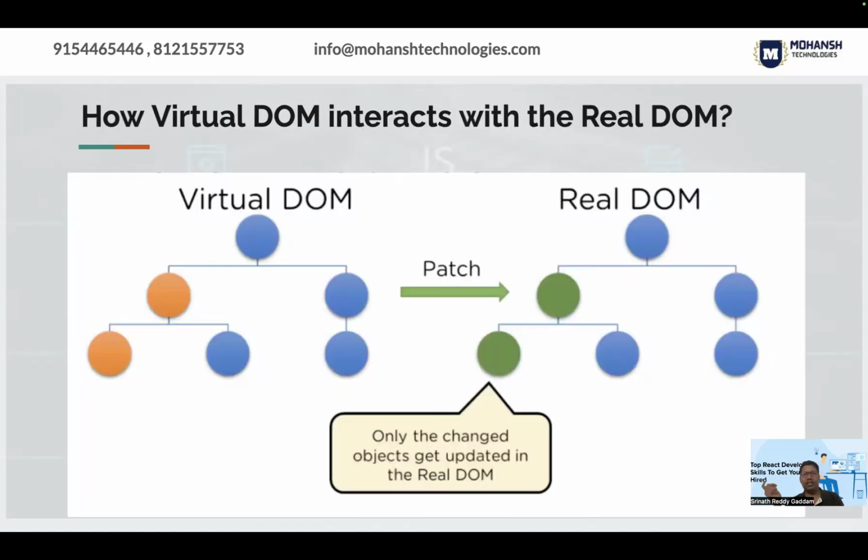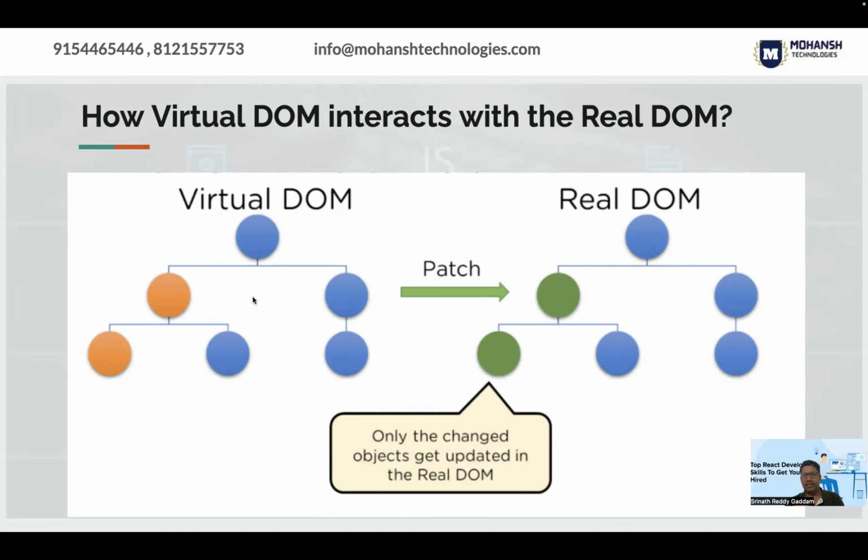How virtual DOM interacts with the real DOM. If you see, in the left, you have this virtual DOM, okay? And these orange nodes are updated. So whenever changes are made to the component in the React application, it updates this virtual DOM. So these orange nodes are the updated components in the virtual DOM. Now what virtual DOM does is, it compares with the real DOM if there are any changes made.